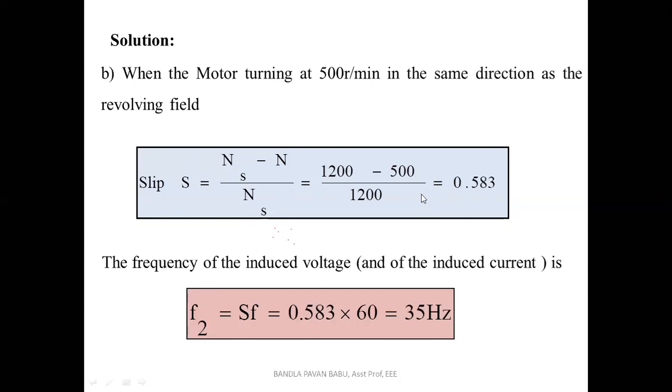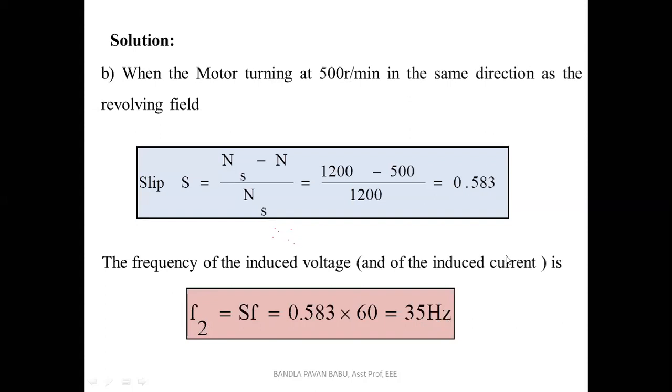Again, f2 equal to s into f. Substituting the slip value with the supply frequency, we get 35 hertz. So at 500 rotations per minute in the same direction, the slip is 0.58, and at that instant the frequency of the rotor is 35 hertz.